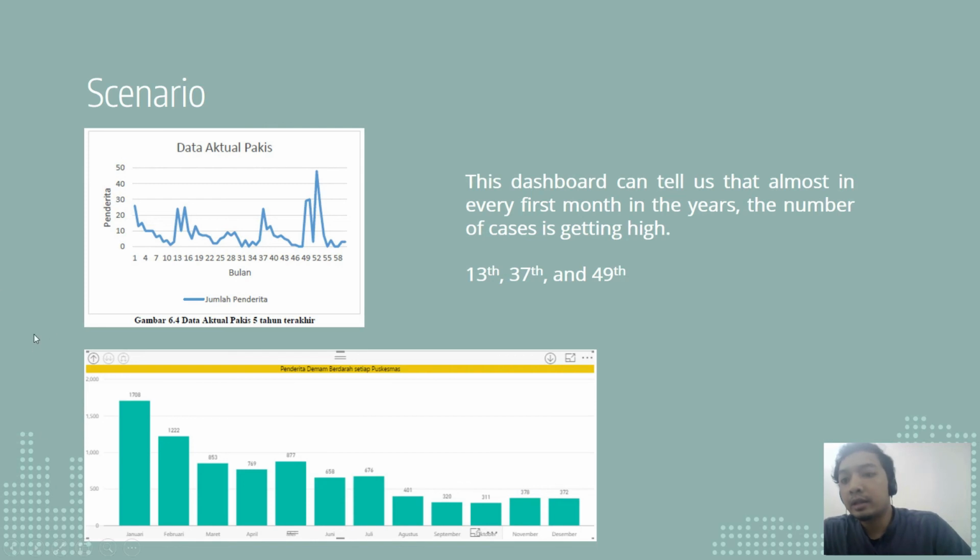And then when we break it down, we can see clearly that the first month over the years has the highest case number.